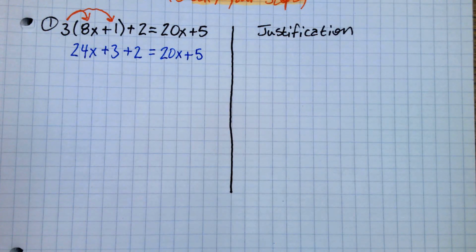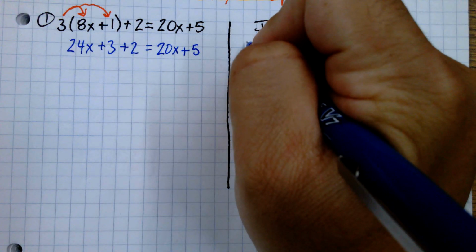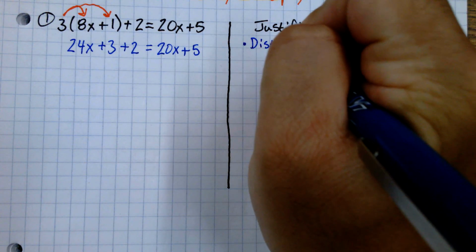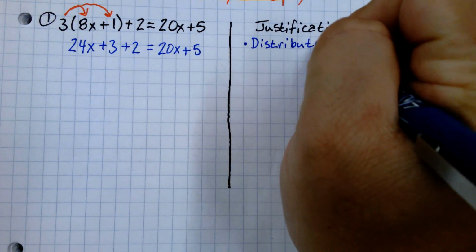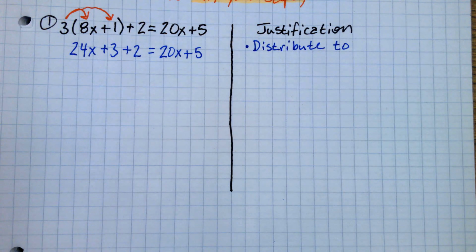Okay, so now the new thing that we're going to do. Justify the step. Well, the step we did, we got to explain it first of all. Distribute. Distribute to what? In other words, what did we gain? What did we get out of distributing? What happened? What's no longer there? Parentheses.